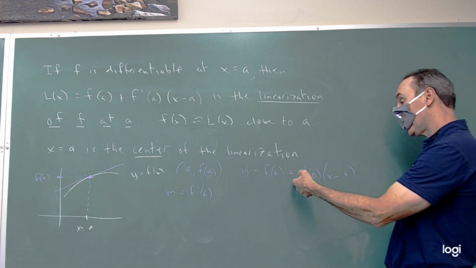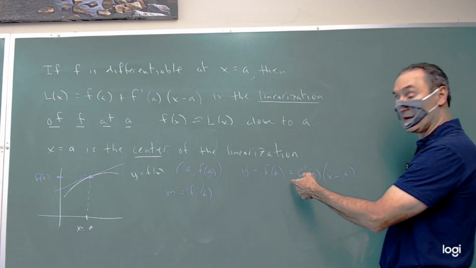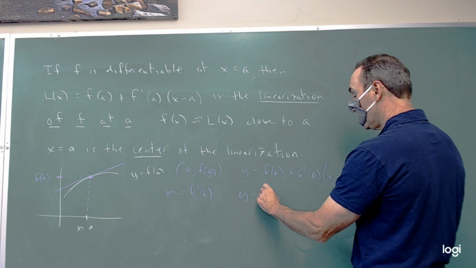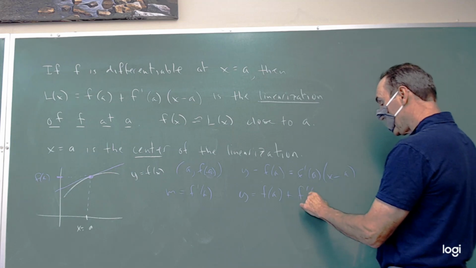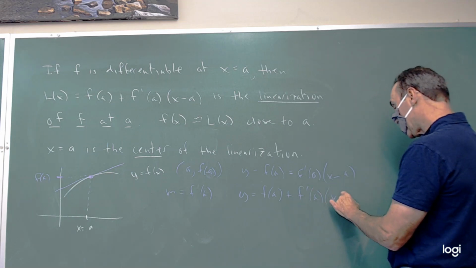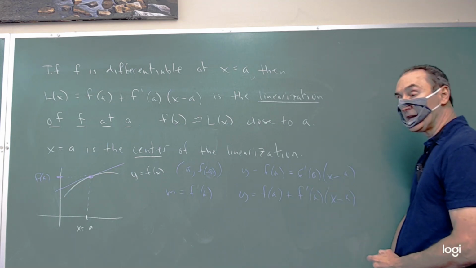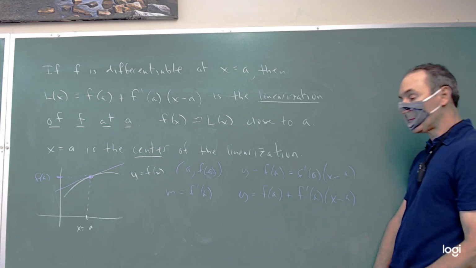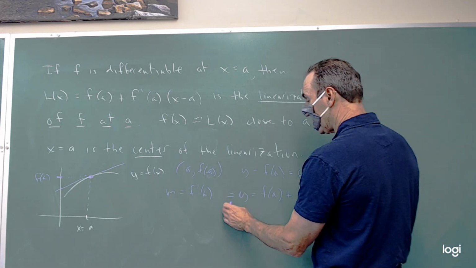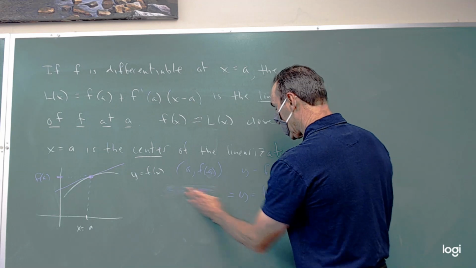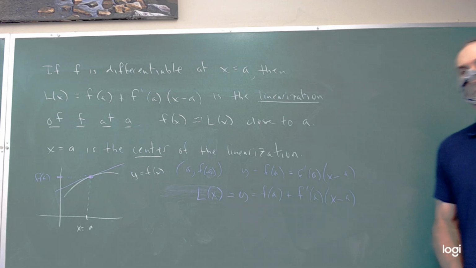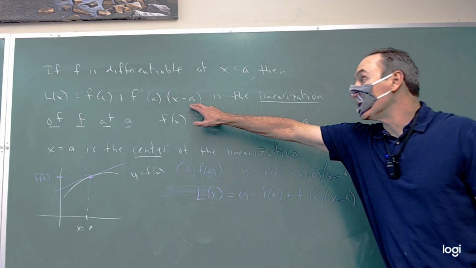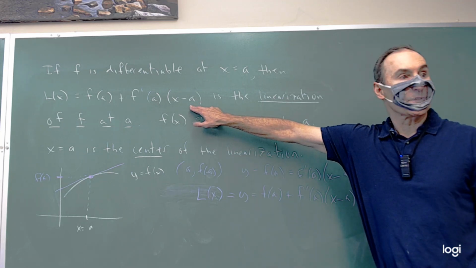I'm just going to add that f of a to the other side, and we have y equals f of a plus f prime of a times x minus a. Then, to try to obscure it a little bit more, I'm going to give this a new name. I'm going to say that is the linearization of x. And that's what we did right up here. It's just the tangent line.